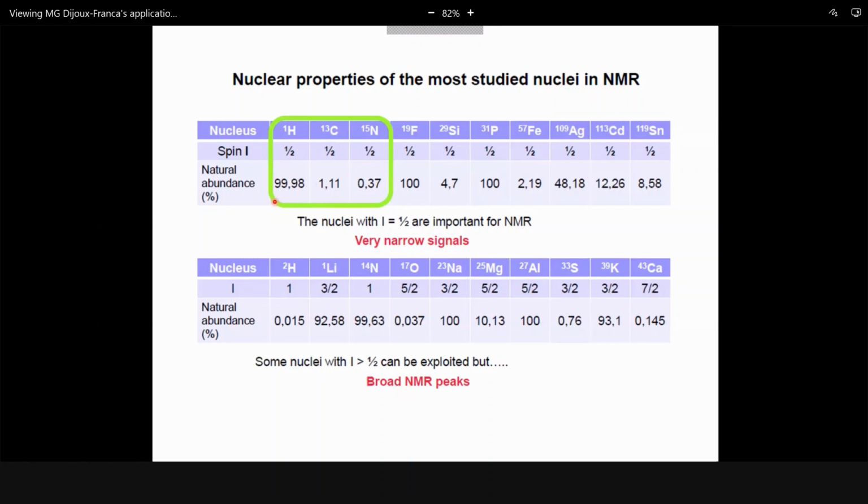So that's why if you want to work on peptide or protein and you want to observe nitrogen, you need a higher amount of compounds in the tube than for carbon-13. And for other elements, you can see as soon as the spin number is different from 0, we should be able to observe the NMR phenomenon.